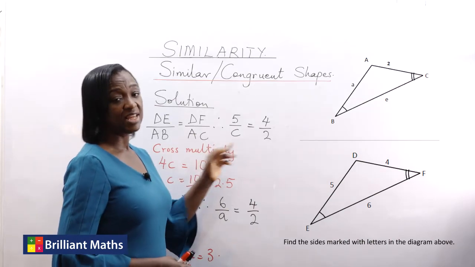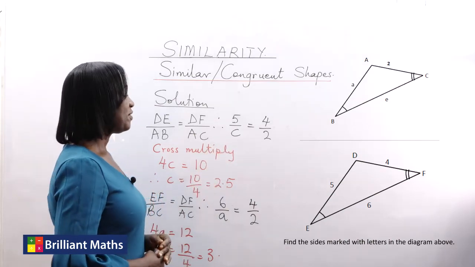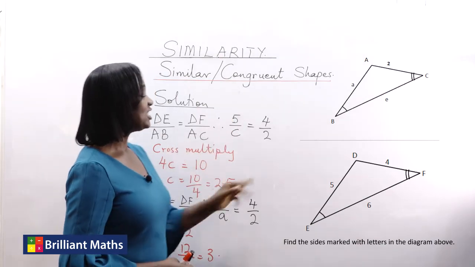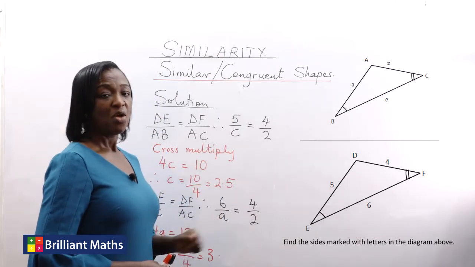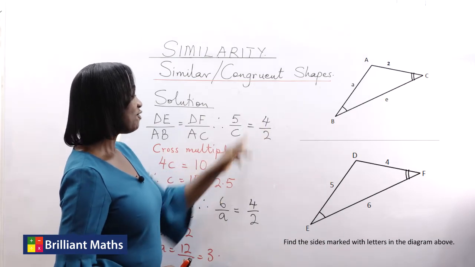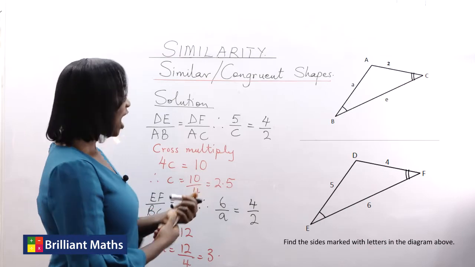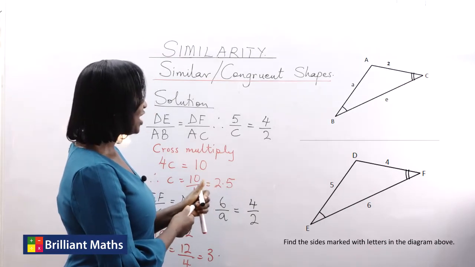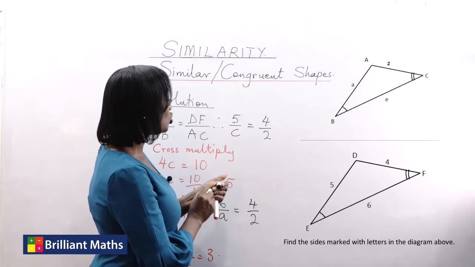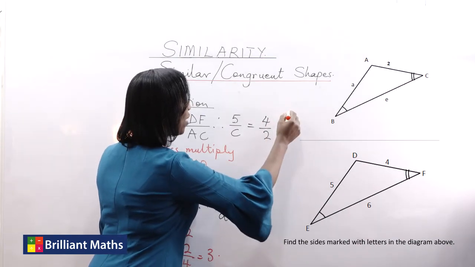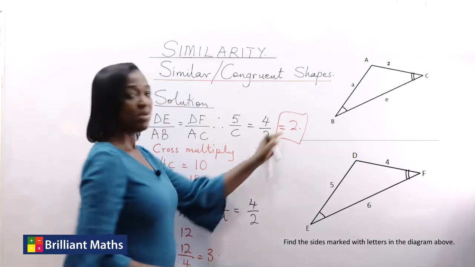AB is C, lowercase c. DF is equal to 4 centimeters, and AC is equal to 2 centimeters. We have a complete ratio here, 4 over 2. That can actually tell us that our scale factor of enlargement is equal to 2, because 4 over 2 is equal to 2. We can work directly with this, but just hold that.